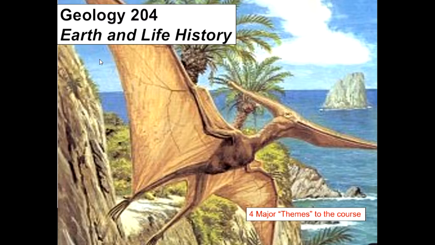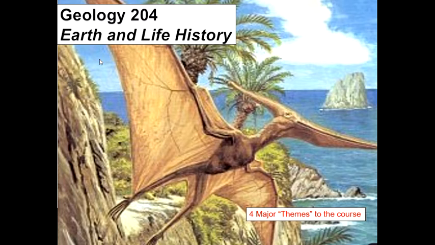If you look at the title, Earth and Life History, one of the things that you should be able to get from that is that it's going to include both geology, that's the earth side, and biology, that's the life side. Collectively, those two together form the science of paleontology, and that's what I am, Rex Hanger, a paleontologist.